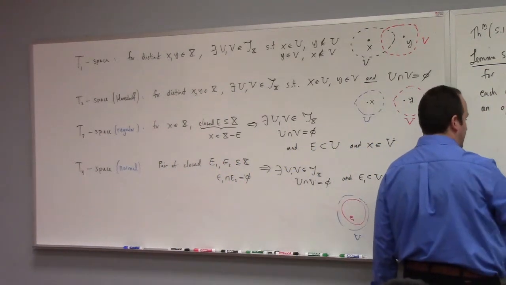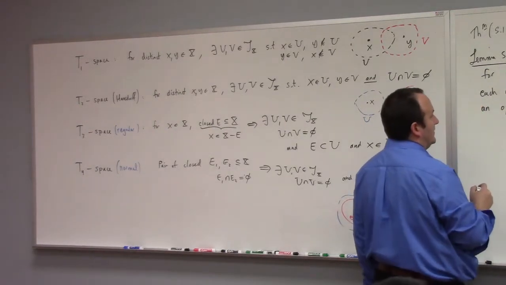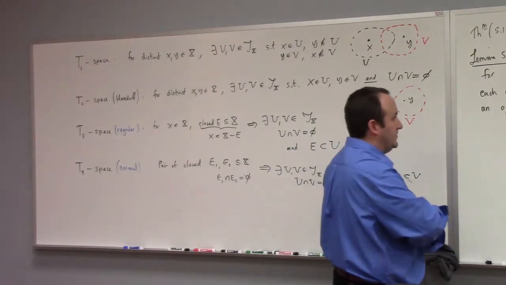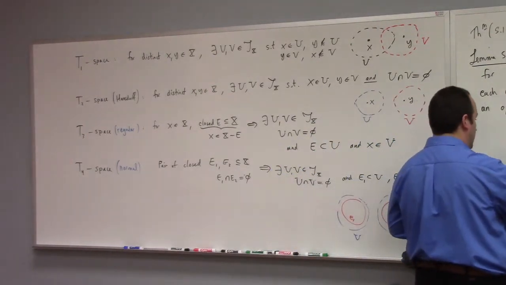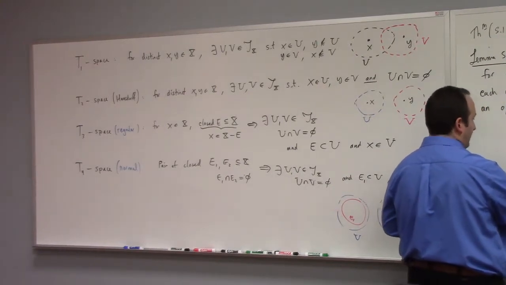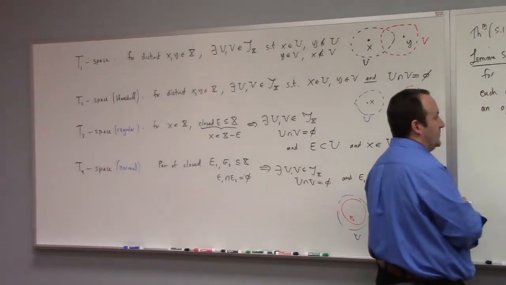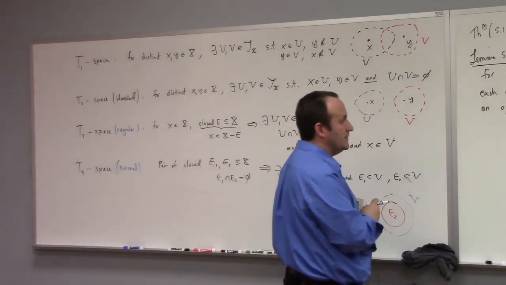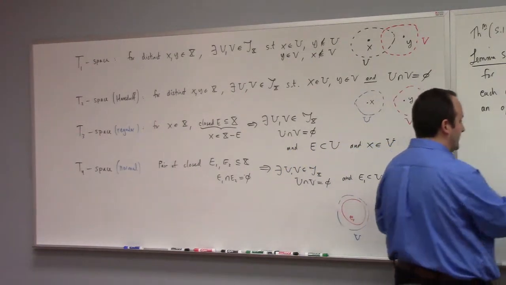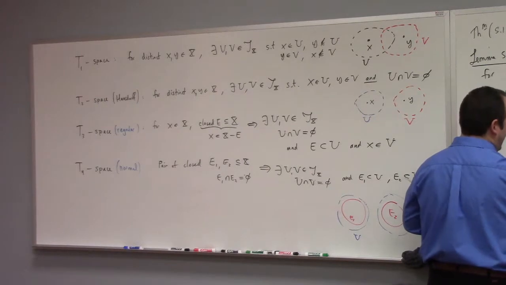So if E looks like this, let's say, and you have an open set W surrounding E. Maybe that would look like this. Then there's an open set U containing E. I should have made my W bigger.